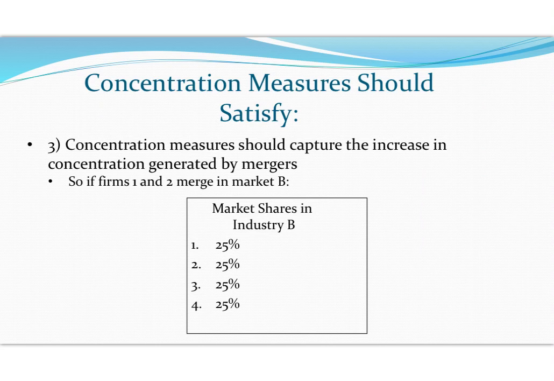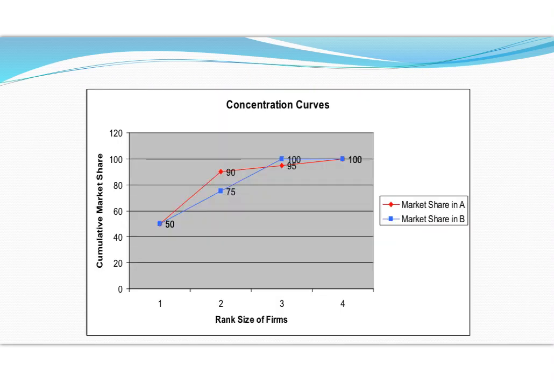So if firms 1 and 2 merge, we now have 3 firms, and that top firm has 50% of the market. So now one firm has that, and we have 2 other firms that still have 25% of the market each. If we take that and come up with our concentration curve, notice that the top firm in both markets now has 50%.